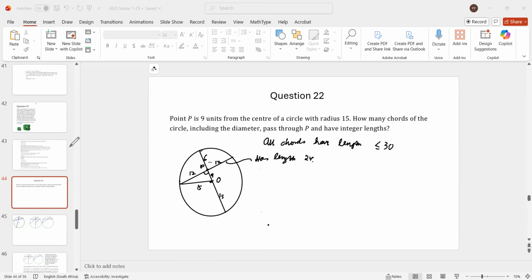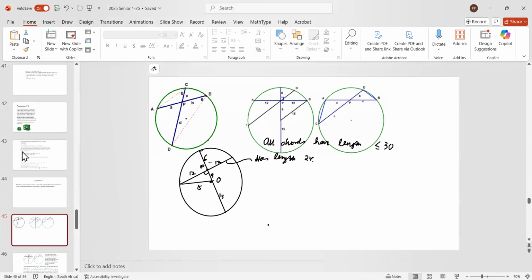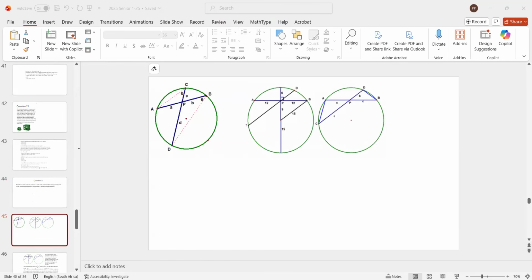Right, now for that we need a little bit of geometry. I'm going to go to this first picture here. There's your point P. You take any two chords that go through P. AB and CD are random chords.